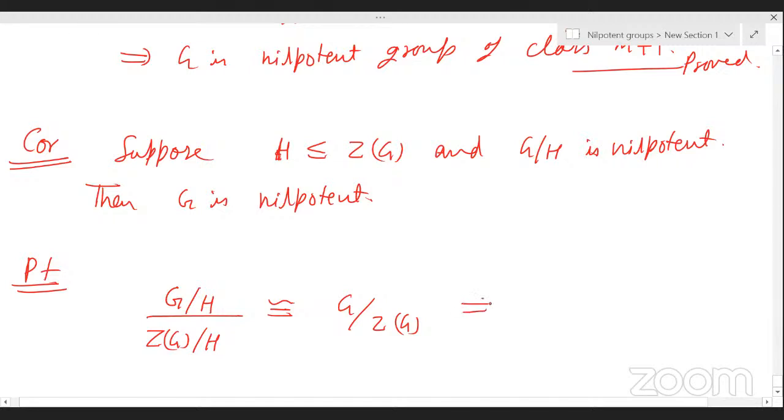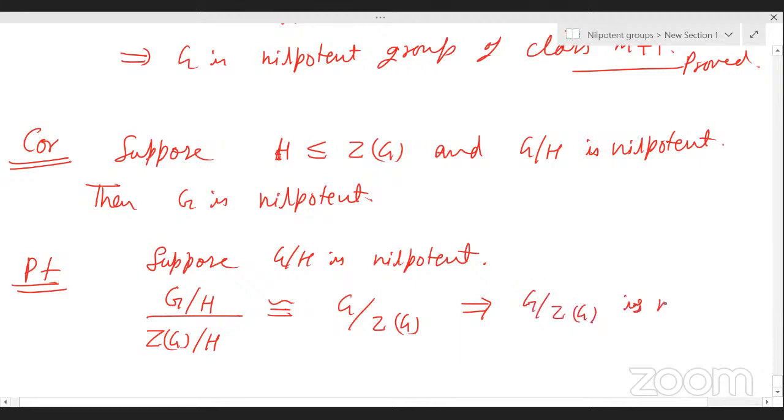So this implies, let me write here, suppose G/H is nilpotent, and since the quotient or homomorphic image of a nilpotent group is nilpotent, this implies G/Z(G) is nilpotent.